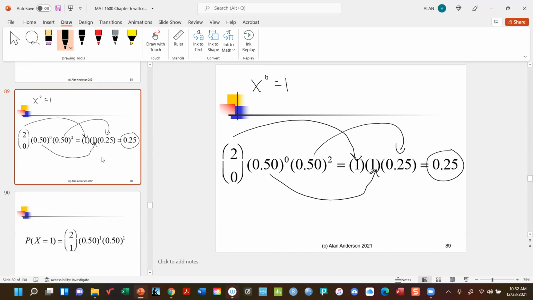So this confirmed that the probability of getting 2 odds, which is the same as saying x equals 0, is 0.25. So even though we've already done this earlier with a different approach, now we can prove it with the binomial formula.